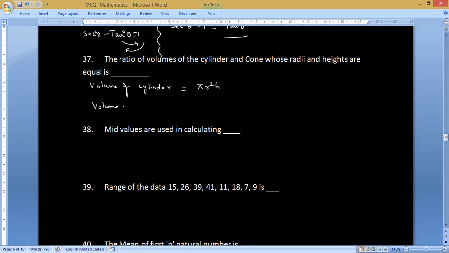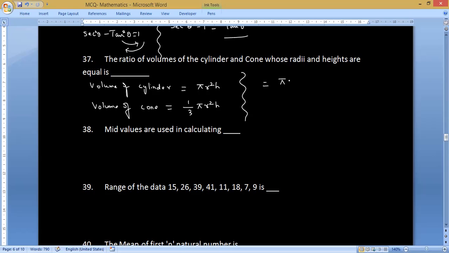Volume of a cylinder is pi r square h. And the volume of a cone is 1 by 3 pi r square h. So we have to find the ratio.